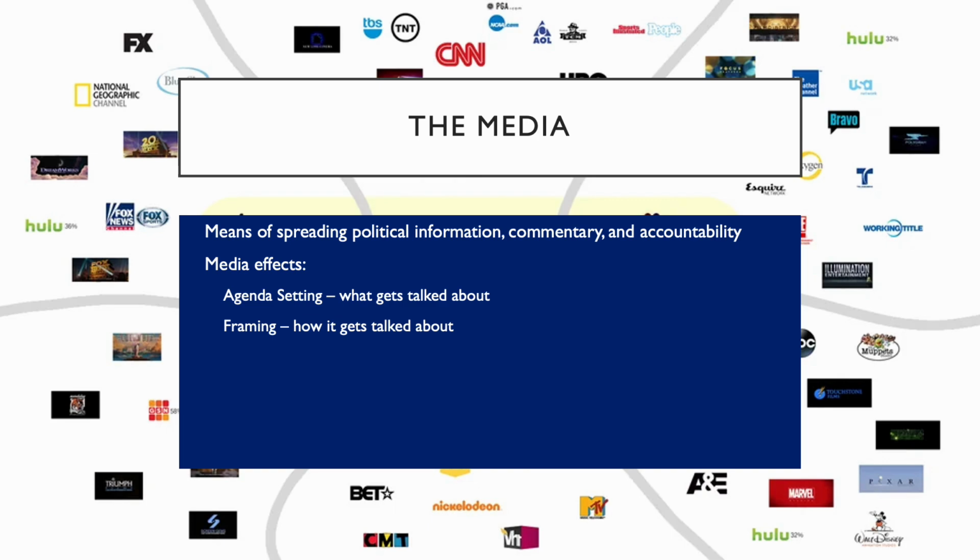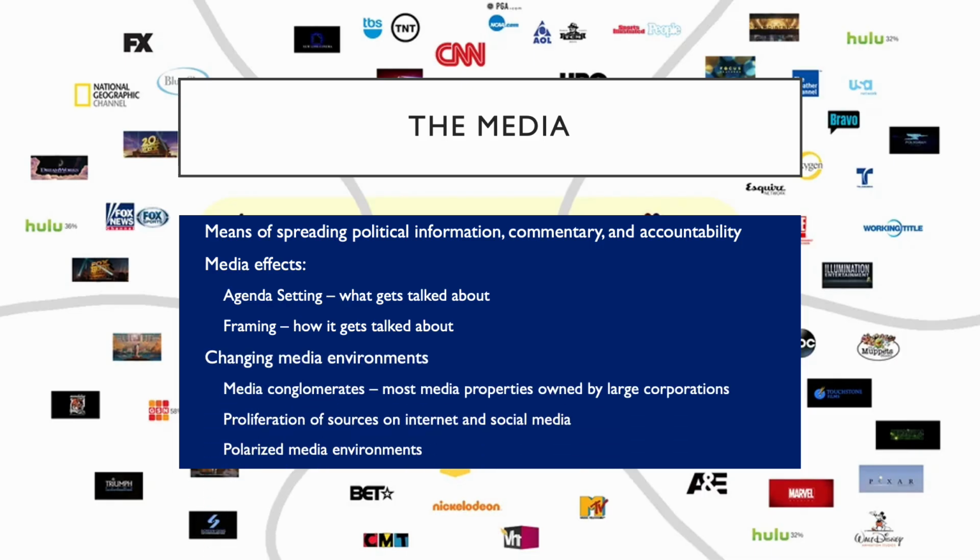And what's really important to think about for the media is how the media environment has changed, right? On the one hand, we have media conglomerates. This is the idea that most of the media that we consume are owned by large corporations. Six corporations really own most of the media, and I'll zoom out so we can see this chart in the background in just a second.